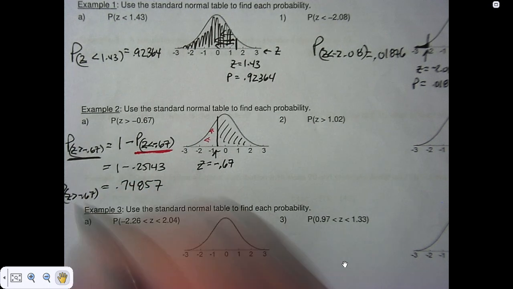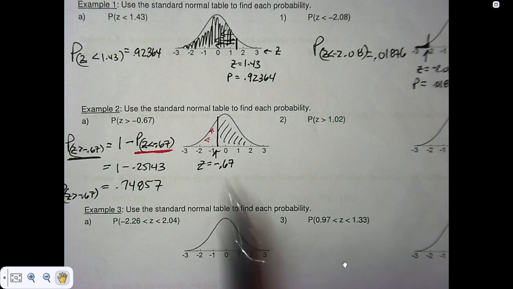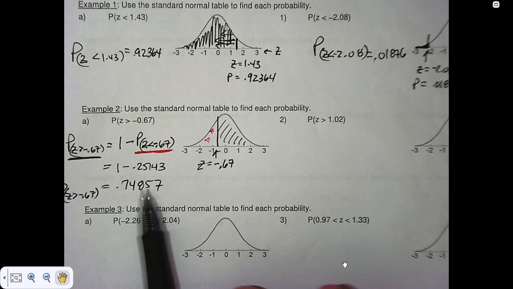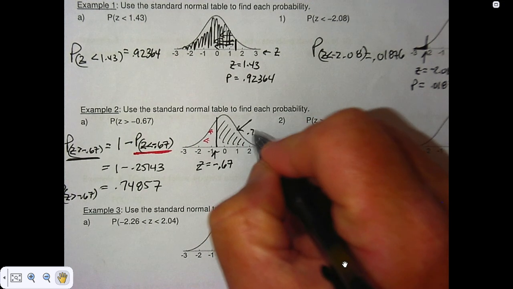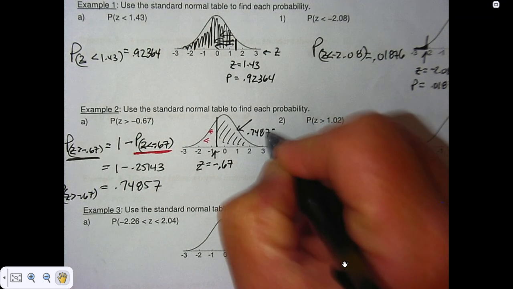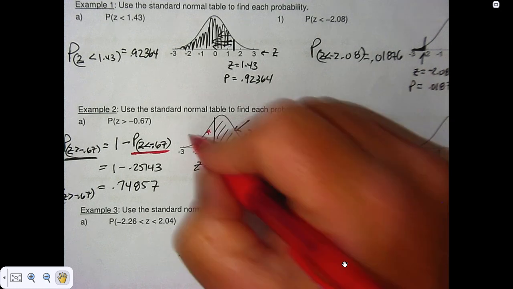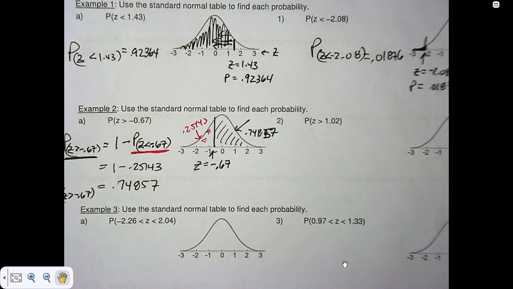So you have a z-score of negative 0.67. If you want the area that's greater than that, it's going to be this probability, 0.74857. The red area was what we found here, 0.25143. If you add those up, that equals 1. And of course, we are looking for the area to the right of that z-score.